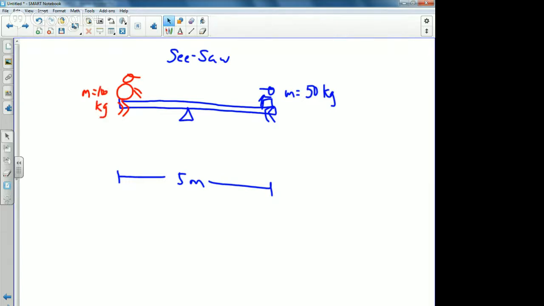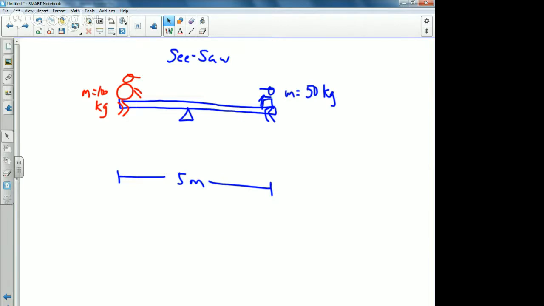Normally, in this seesaw as it's drawn, is it balanced? No, we can see this is not balanced torque. In fact, the larger child will probably lift up the smaller child, right? But is there a way to make it balanced? Yes. How could you make this situation balanced?